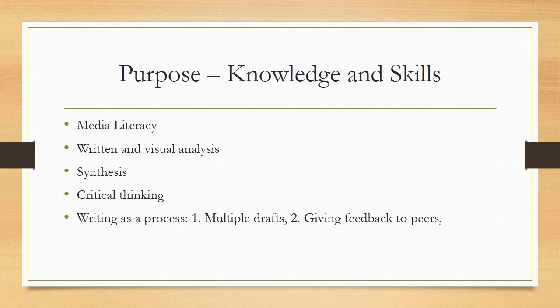And to truly have success on writing, it needs to be a process because writing is personal. It's hard to be objective, and it's impossible to get right on a single try. So the process involves writing multiple drafts, giving feedback to others, and then receiving feedback from others and incorporating that into your own writing. So that's why we have the rough draft and peer review process I discussed a few minutes ago.